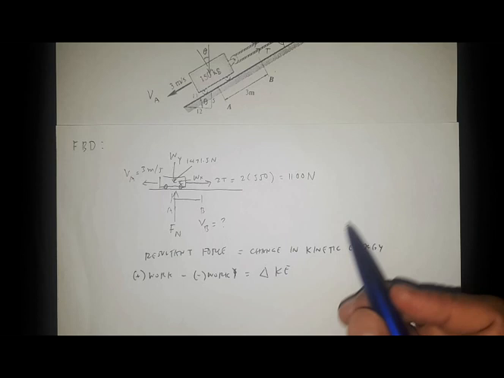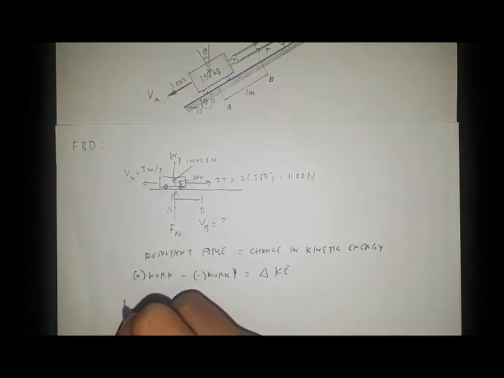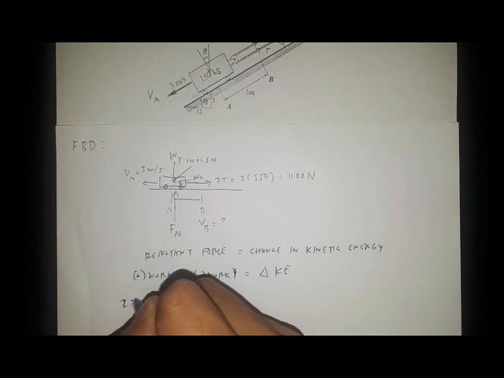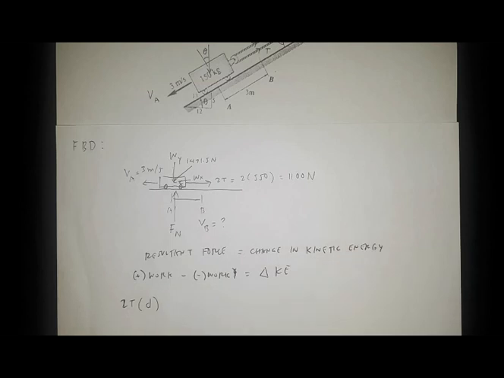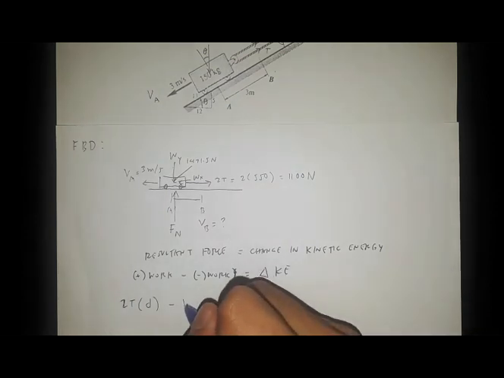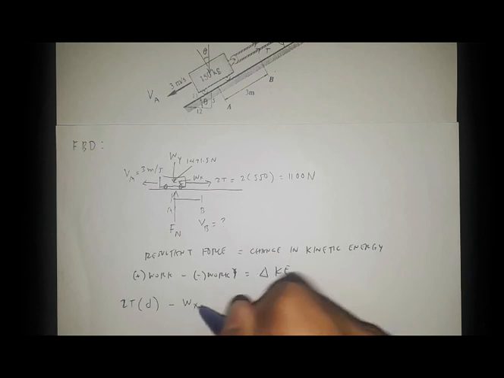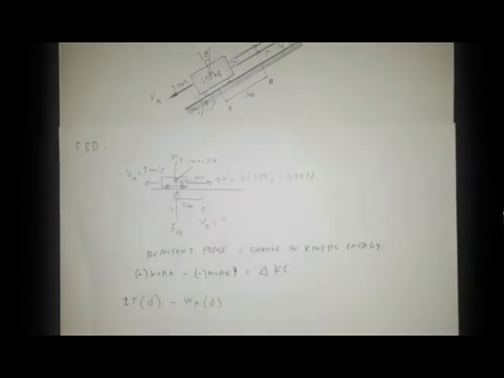So we have here 2T times D, minus, so the negative work is your Wx times the distance D, wherein your D here is 3 meters.